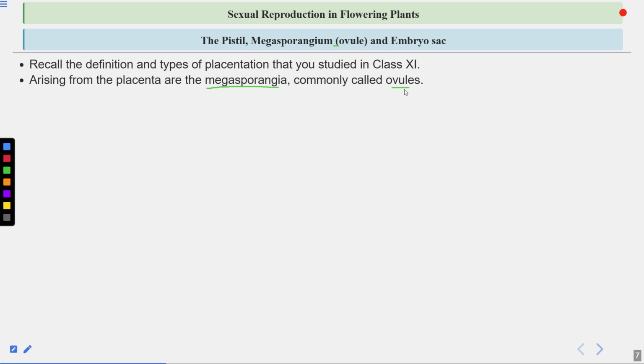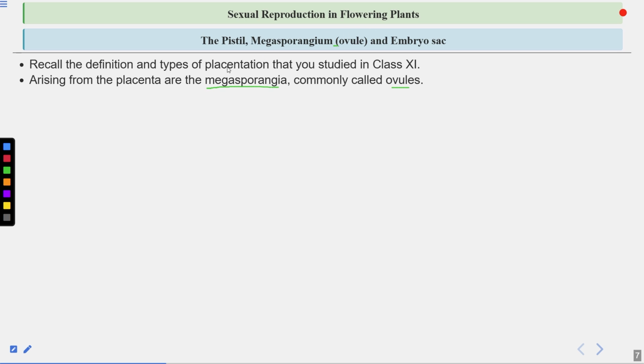These megasporangia are present inside the ovary only. They are present in the ovarian locule or ovarian cavity, and they are attached to the thalamus through the placenta.